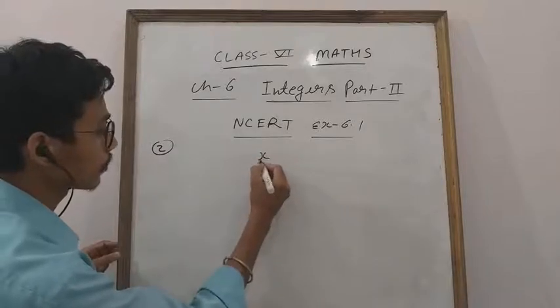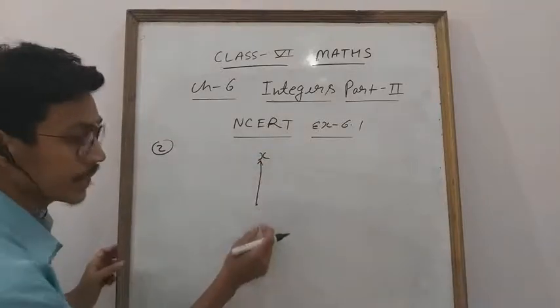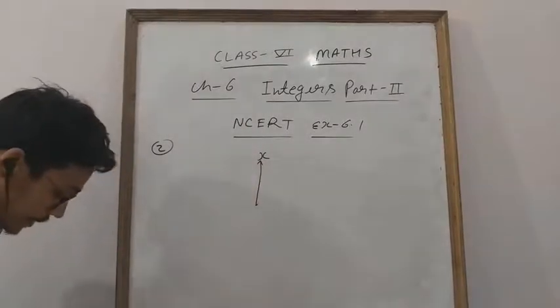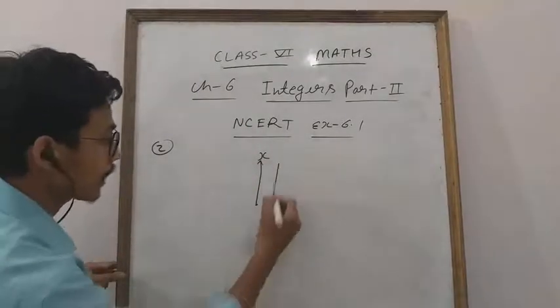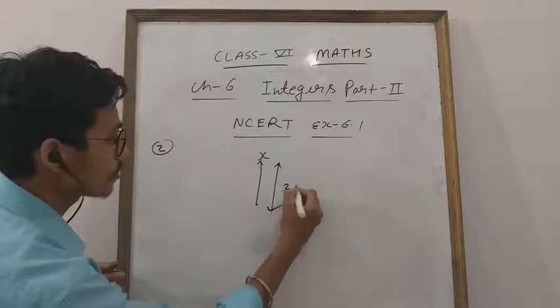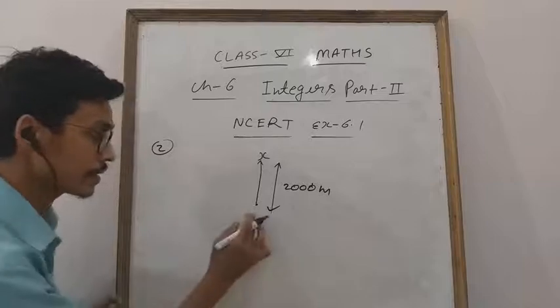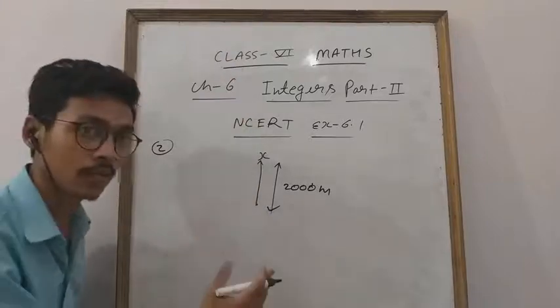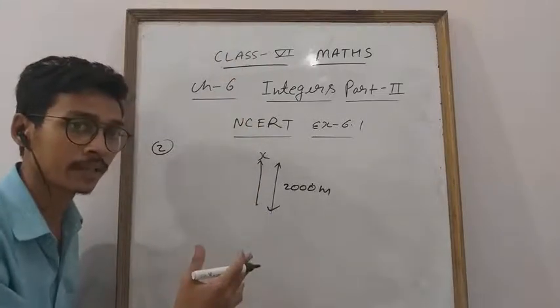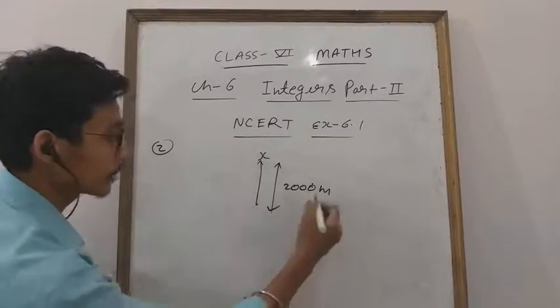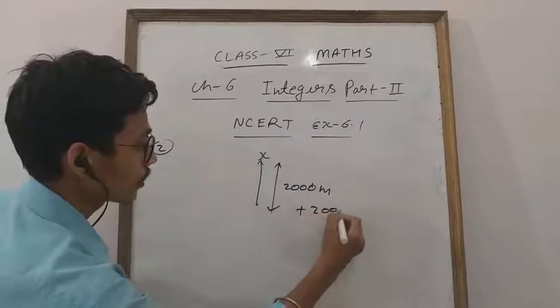The aeroplane is moving in the upward direction, and the height is 2000 meters. Now tell me, the aeroplane is 2000 above the ground, so does this indicate plus or minus? See, this is enhancement, the positive thing, so you will write plus 2000.